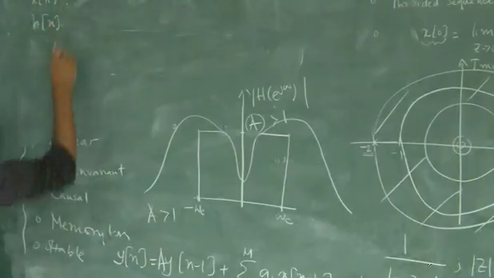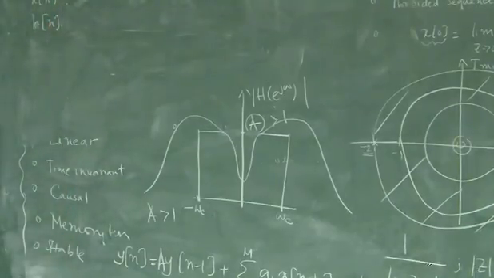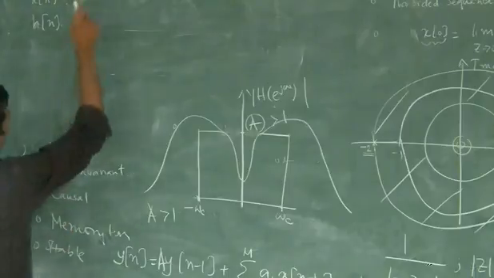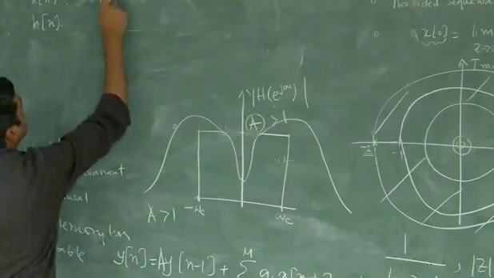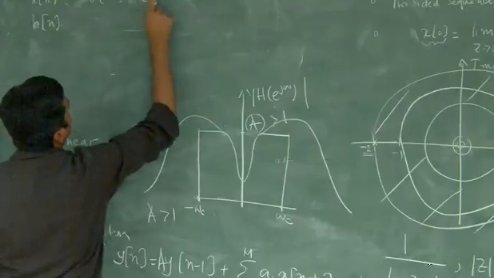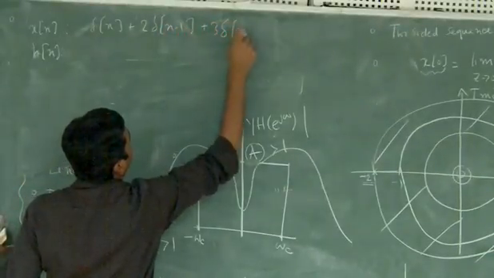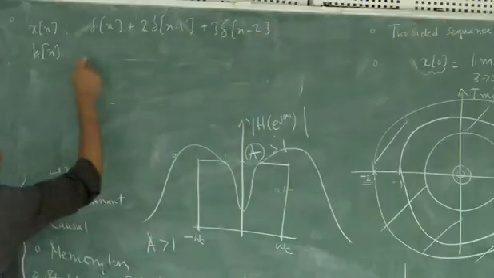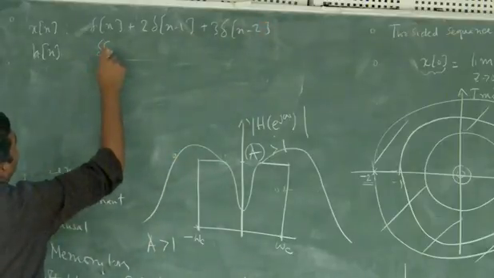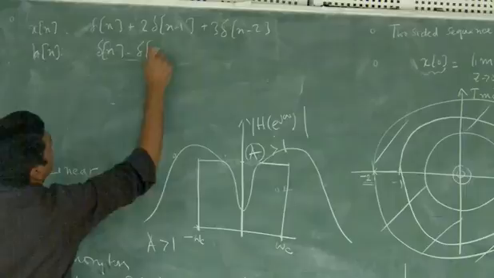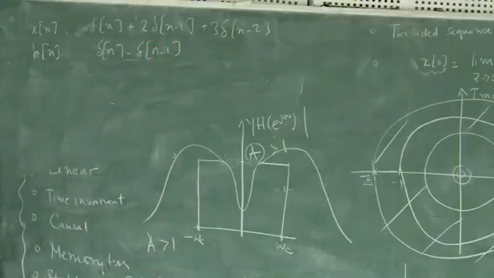Can you go back and quickly look at the signals that we defined in your notes? I think it was, say just for now, let's say delta of n plus 2 delta n minus 1 plus 3 delta n minus 2, right? And my h of n is, for example, this filter, right? We have the backward differencing operation that's going on, right?